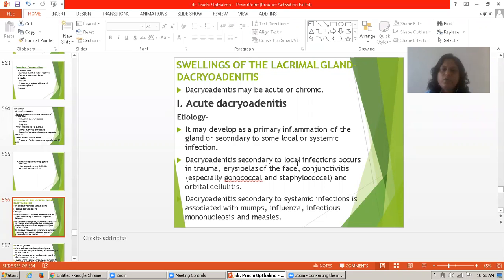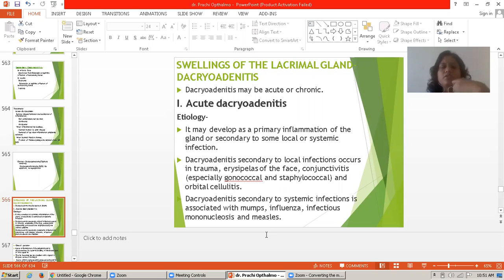Dacryoadenitis secondary to local infection occurs in trauma, erysipelas of the face, conjunctivitis, especially gonococcal and staphylococcal, and orbital cellulitis.